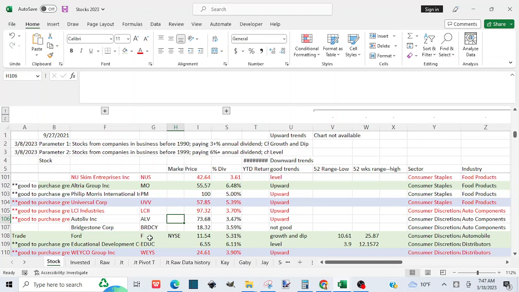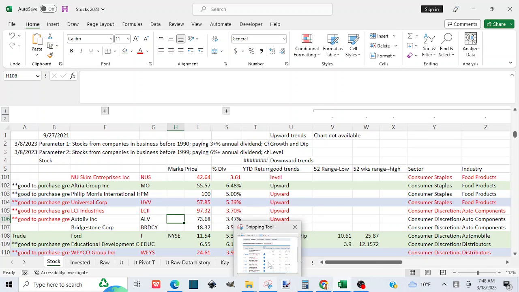Whether you want to invest in it or not is up to you. It's not upward, which you are looking for. But it's paying you good dividend. It has been around since 1980. It's showing big growth and big dip, and that's the drawback. But it's there, so you can have it on your spreadsheet.